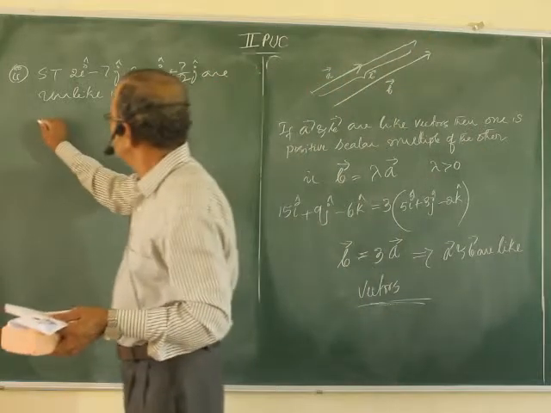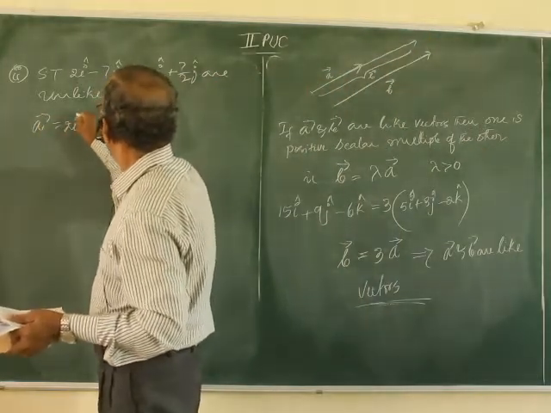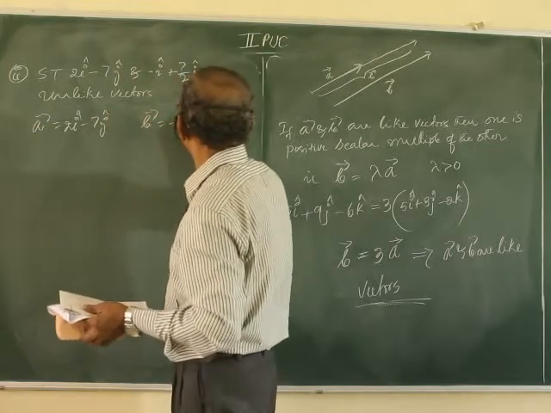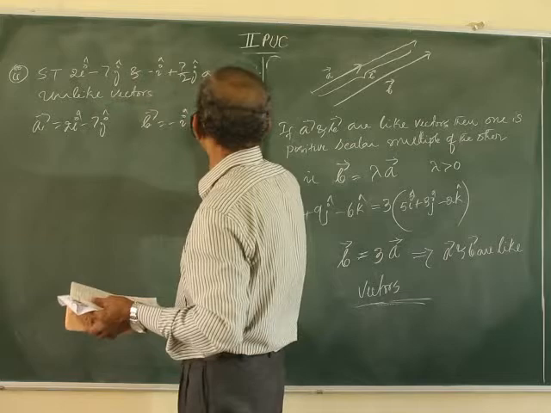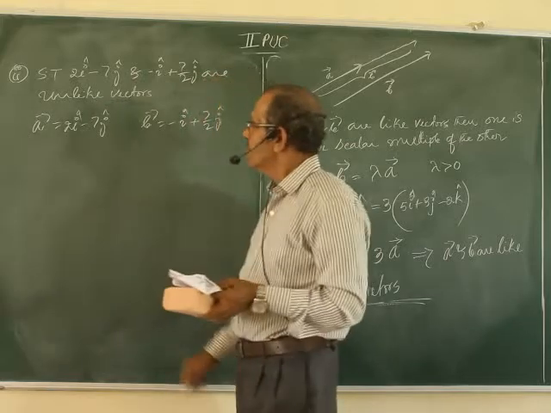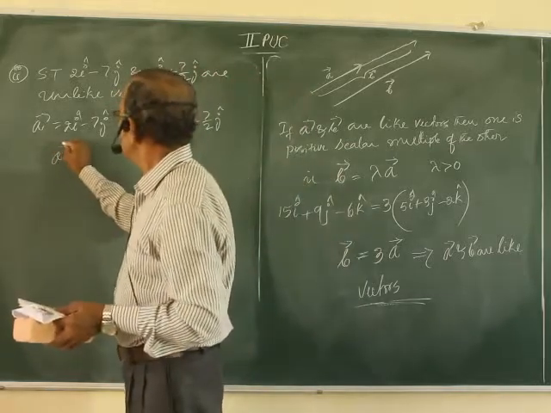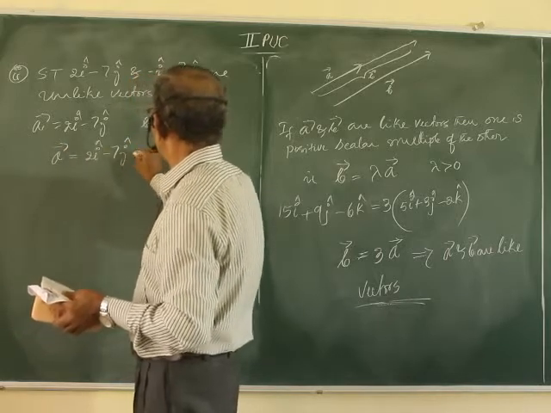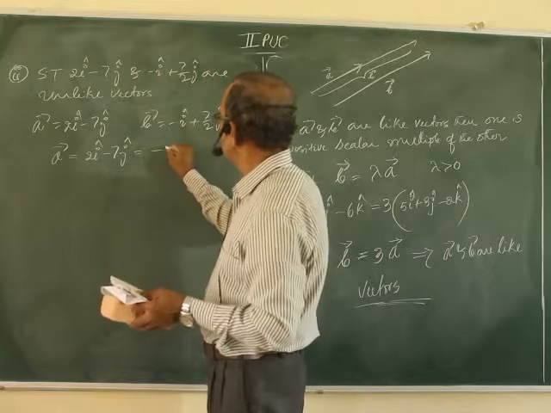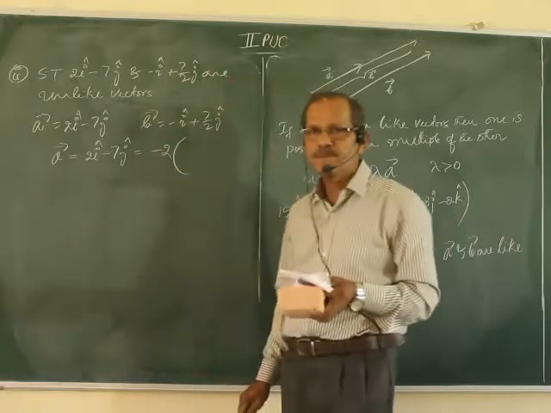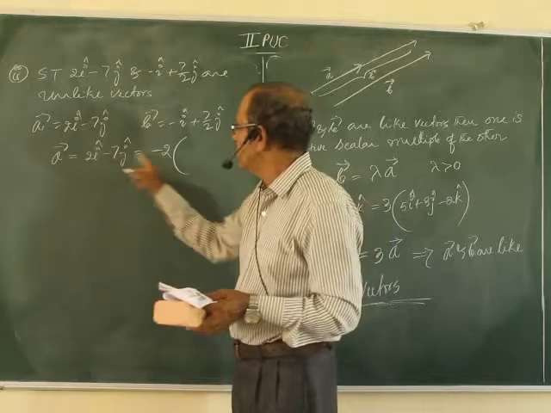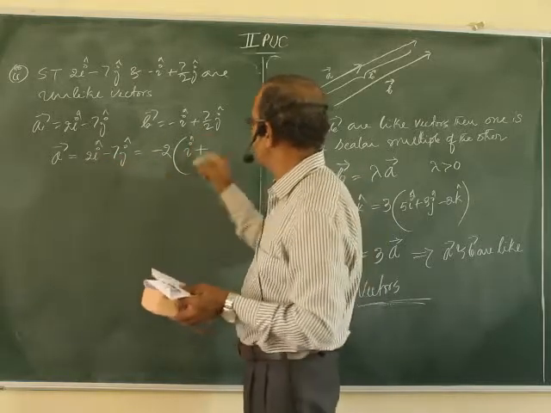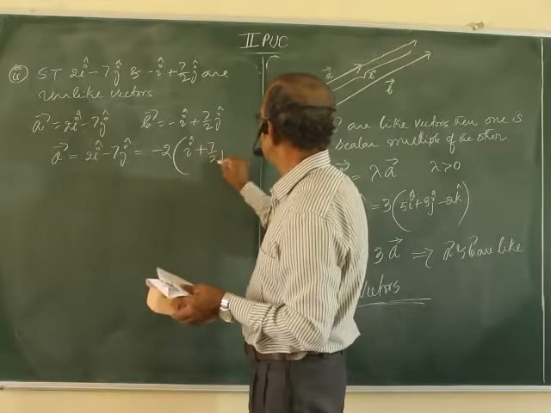Vector A is 2i minus 7j. B is minus i plus 7 by 2 j. You can observe that vector A equals 2i minus 7j equals minus 2 into, removing minus 2 outside, you get i, and this minus becomes plus 7 by 2 j.